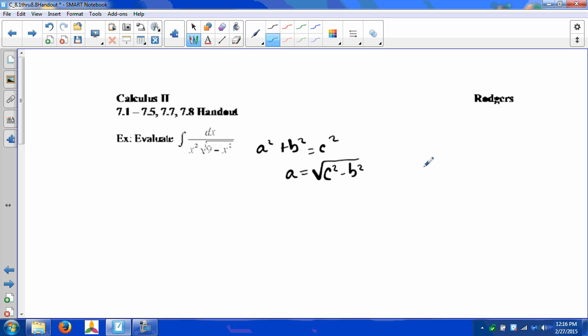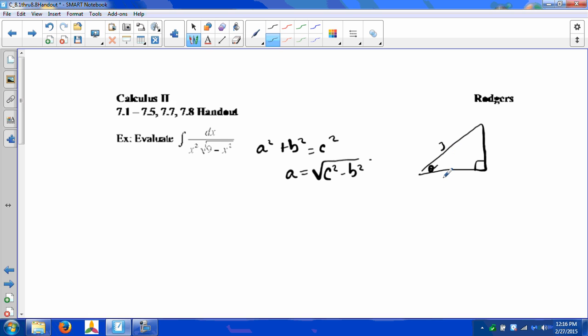So if I draw my right triangle and put my theta, which is like my translator between x's and numbers and thetas, then I'm going to put the sides on it. C squared is 9, so that must mean that C is 3.